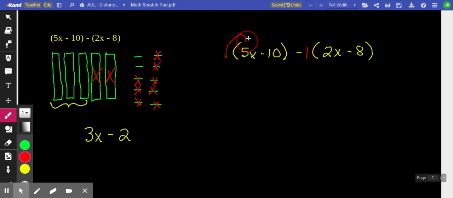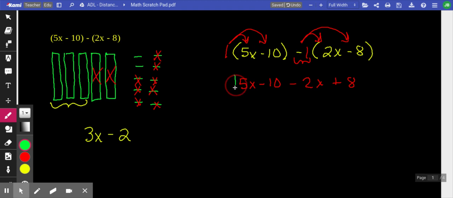And let's distribute. 1 times 5x is 5x. 1 times negative 10 is negative 10. Now remember, this is a negative 1. Negative 1 times 2x is negative 2x. Negative 1 times negative 8 is positive 8. And again, this is going back to my integer rules. A negative times a positive is a negative. A negative times a negative is positive.